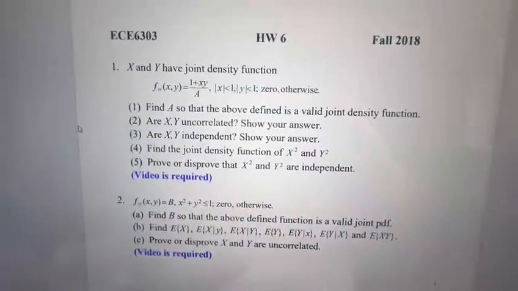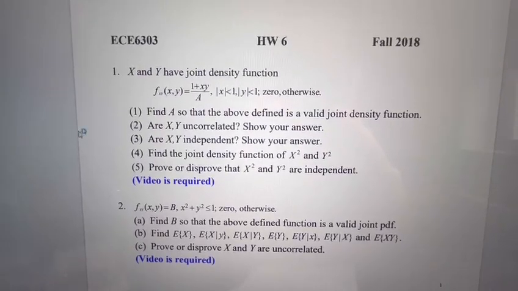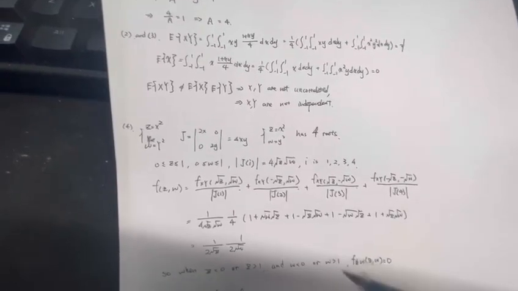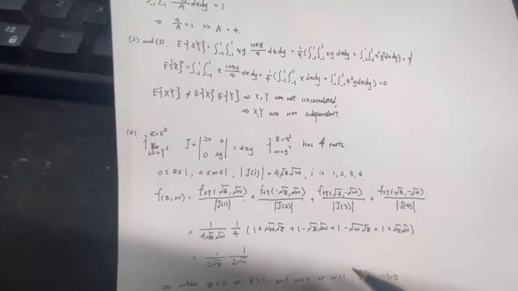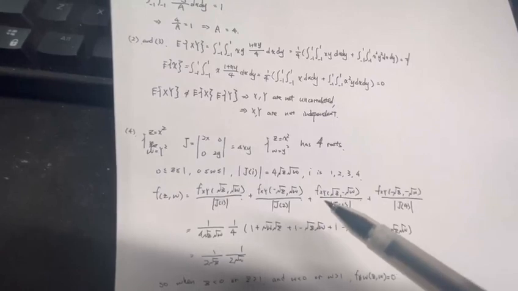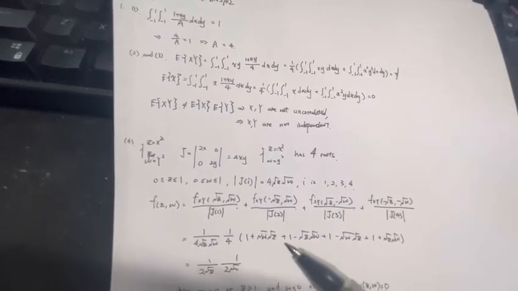The fourth question asks us to find the joint density function of X squared and Y squared. First I set Z equals X squared and W equals Y squared, so that I can write the matrix J, which looks like this, and its determinant equals 4xy. Since Z equals X squared and W equals Y squared, we are going to have 4 roots.